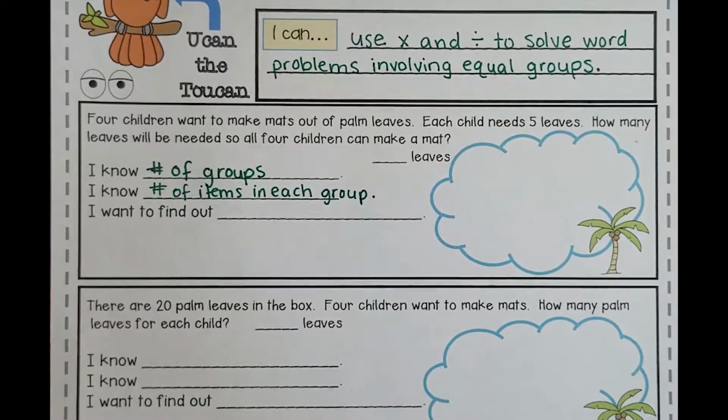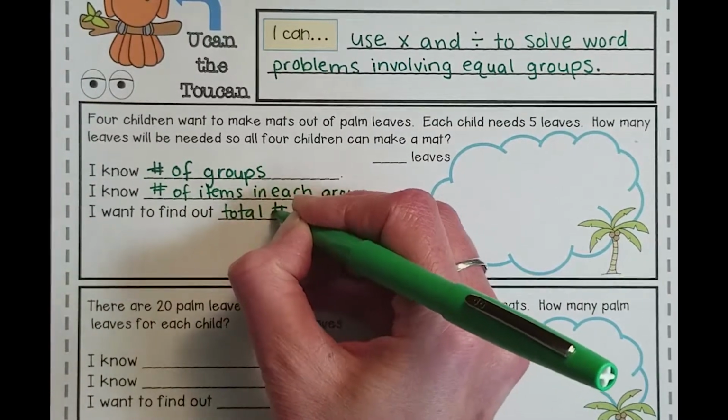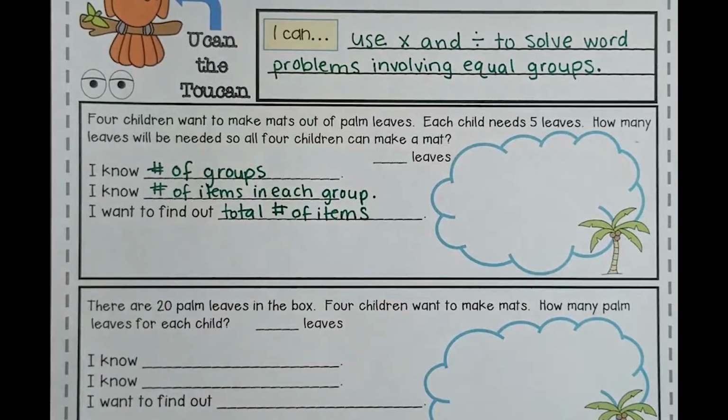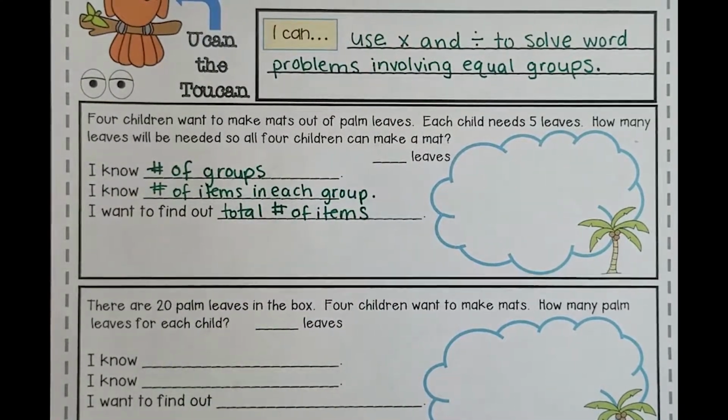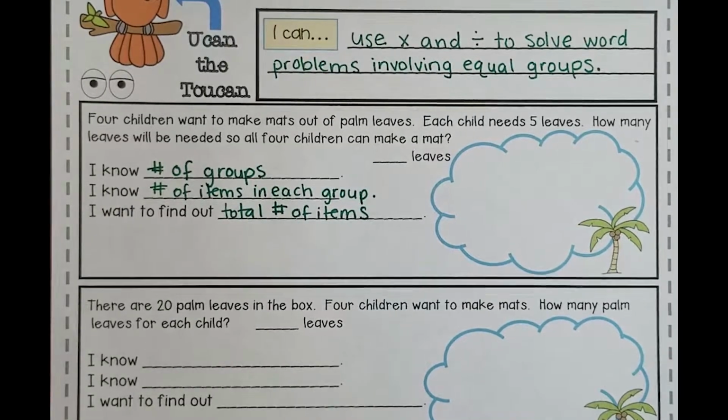What Ucan doesn't know and wants to find out is the total number of items. He does not know how many leaves they're going to need altogether. Whenever you know the number of groups and the number of items in each group, guess what? You're going to need a multiplication sentence to solve.